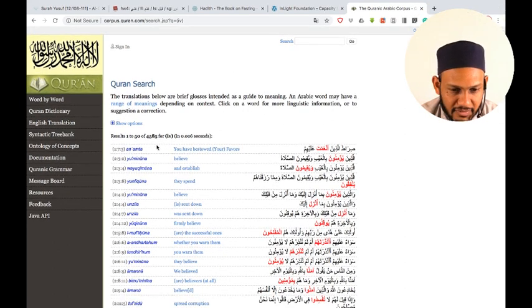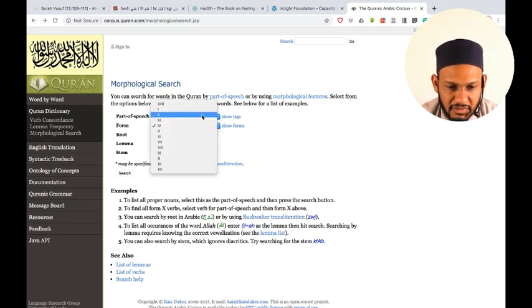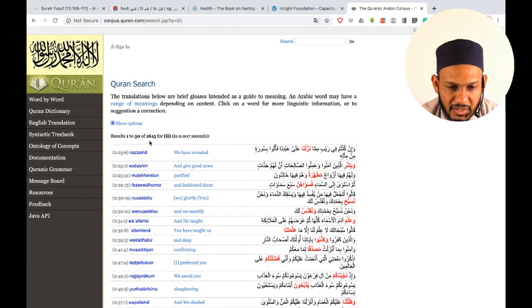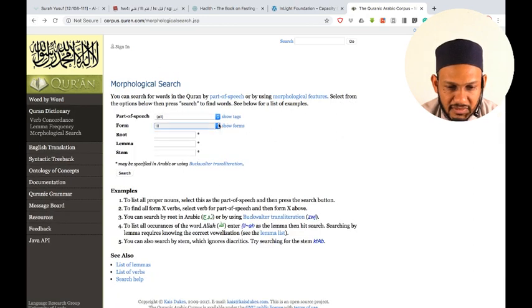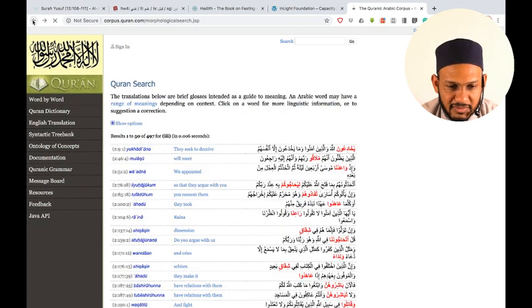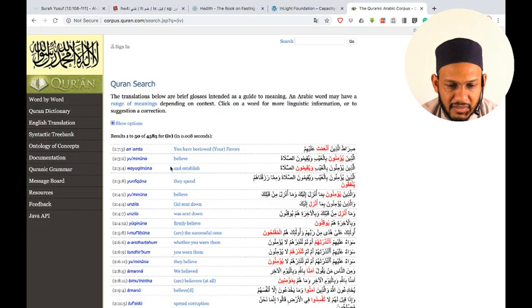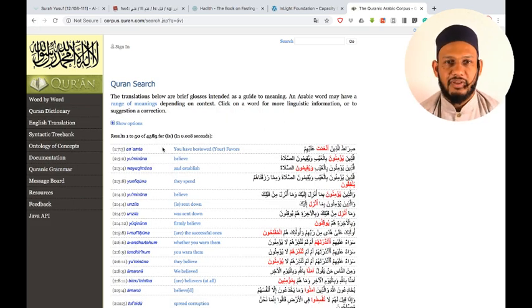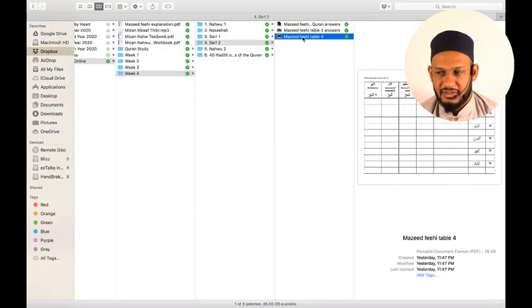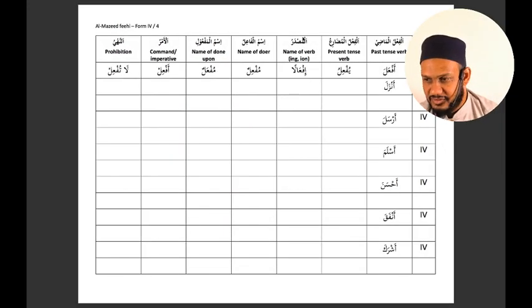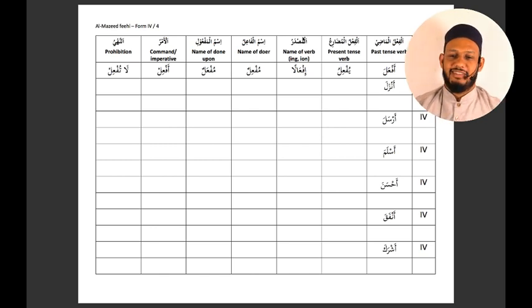But you can see here, the 4th bab appears 4,585 times. Check other babs quickly. The 2nd bab in the Quran appears 1,600 times. The 3rd bab appears 497 times. And the 4th bab appears 4,585 times. So that's a lot of times it appears in the Quran. So it's a good bab to memorize well, insha'Allah ta'ala.